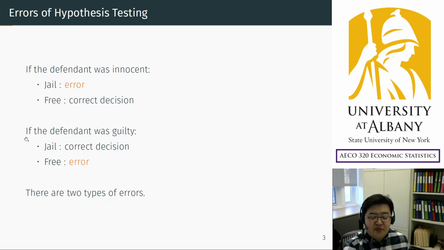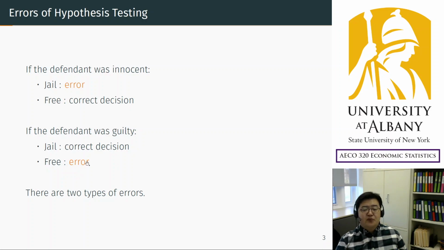If the truth was guilty, then you have to send the defendant to jail. That would be the correct decision. That means you have to reject the null hypothesis. Otherwise, if you do not reject the null hypothesis, then it is another error.